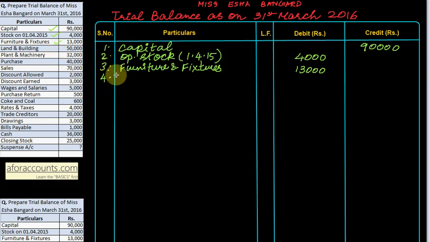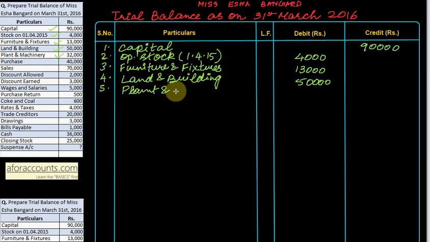Land and building, again my asset, 50,000. Plant and machinery 32,000. So plant and machinery is also my asset. Plant and machinery 32,000.